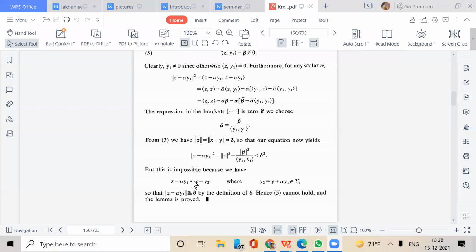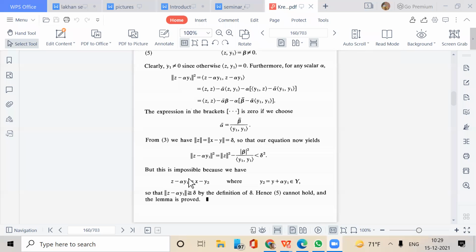Norm of (z minus alpha y1) whole square less than delta square. But this is impossible, because z minus alpha y1 is equal to x minus y2, where y2 is equal to y plus alpha y1, which belongs to capital Y. On the right hand side it is x minus y minus alpha y1, with z equal to x minus y.